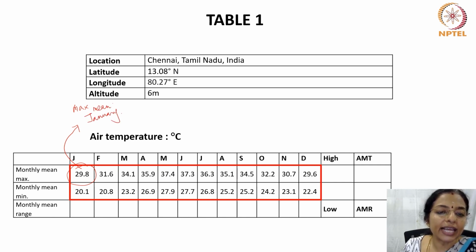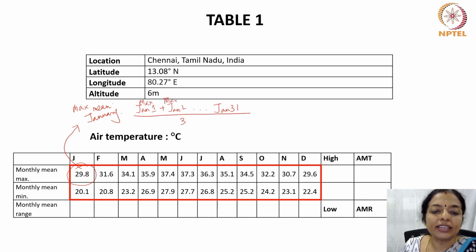It means that Jan 1 plus Jan 2 to January 31st, whatever is the maximum temperature of that day divided by 31, that is this data.